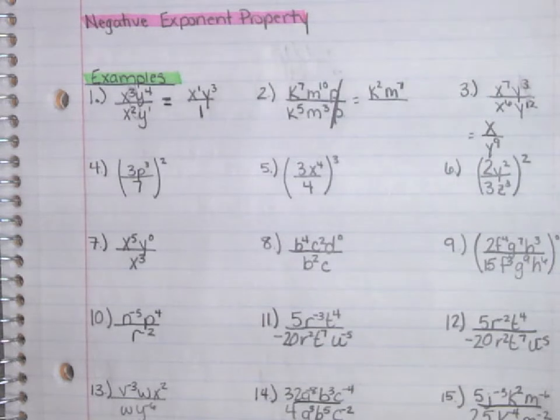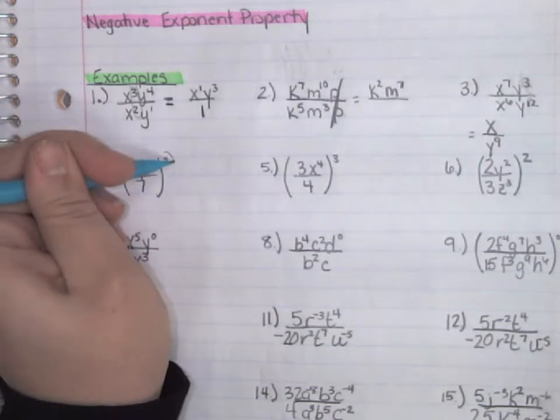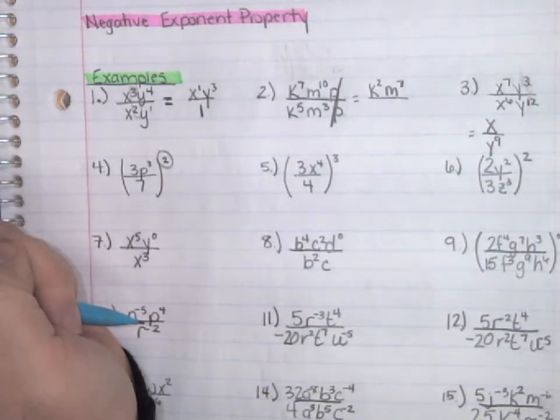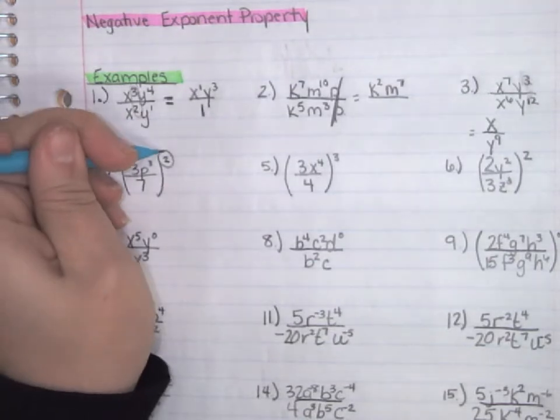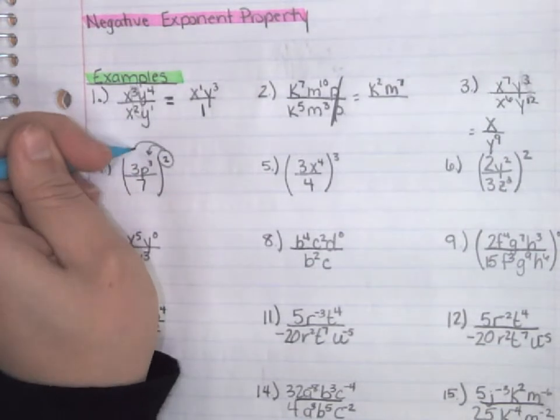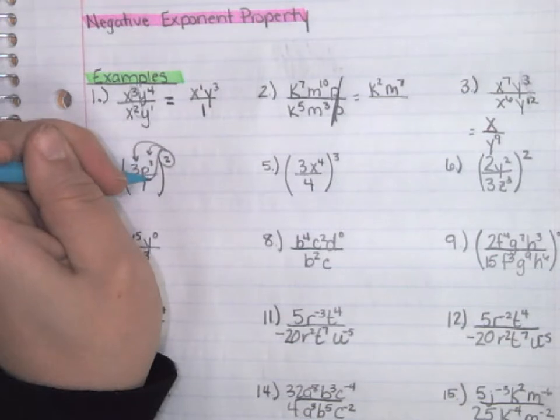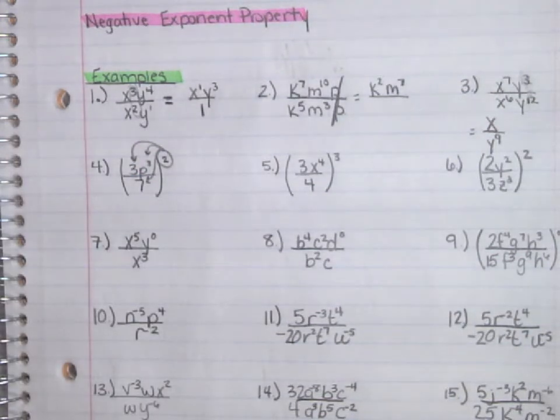So what are we going to do first with that problem? This 2 is a power. Show that you're going to put it with every number and every variable in its power. You see how I went to 3 different things, the 3, the p to the 3rd, and the 7.